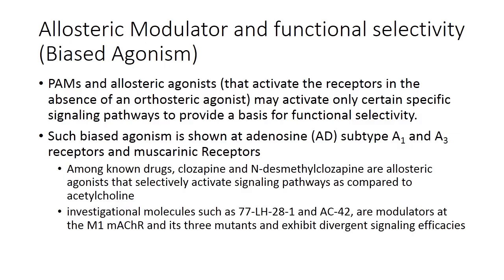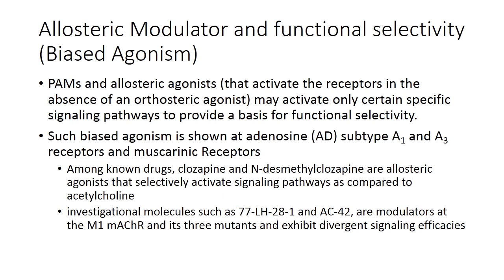Now, one interesting finding is the biased agonism related to allosteric modulation. It has been found that PAMs and allosteric agonists may preferentially activate only certain specific signaling pathways. For example, activation of the beta-arrestin pathway versus activation of the G protein related pathway.